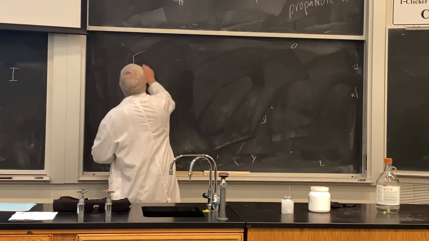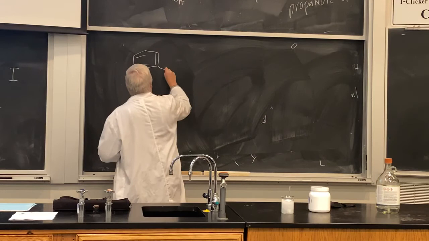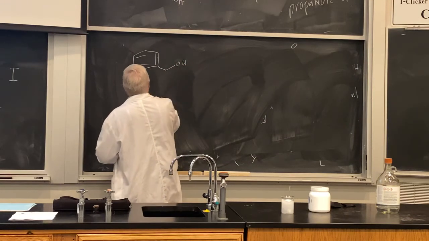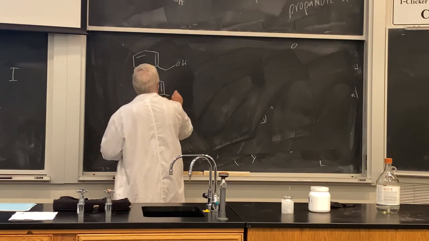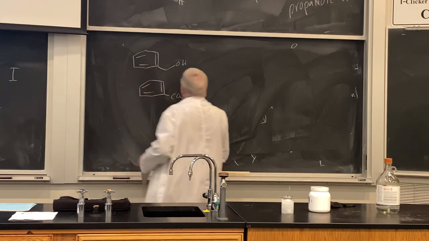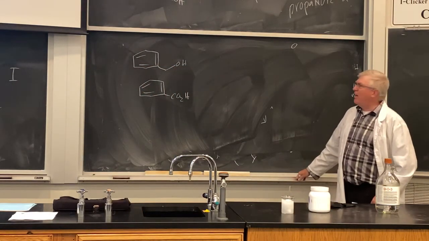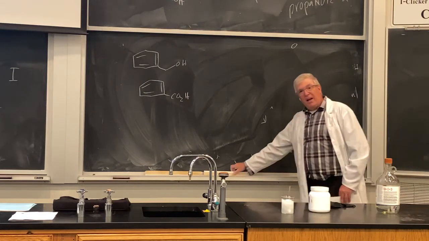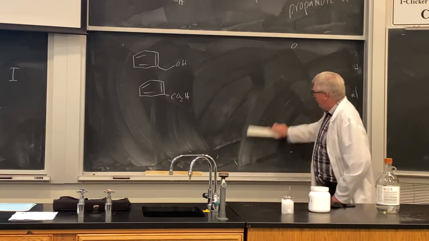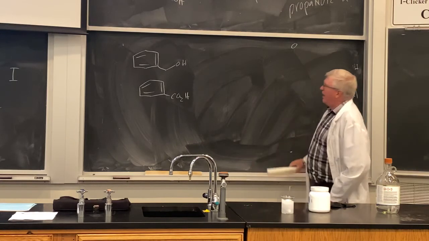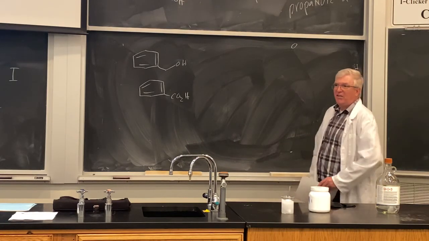Let's say we've got benzyl alcohol and we've got benzoic acid. We want to separate those. Now, they have different boiling points. We could set up a boiling point apparatus. We could chromatograph them to separate those apart. But we've got a one-to-one mixture now, and we want to do the simplest thing. Chemists are lazy.